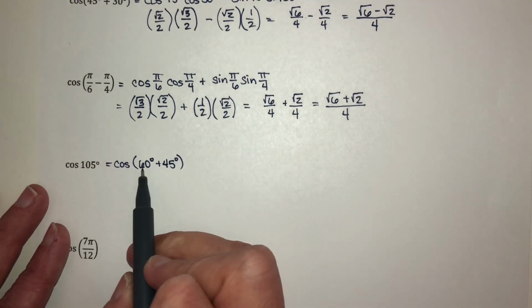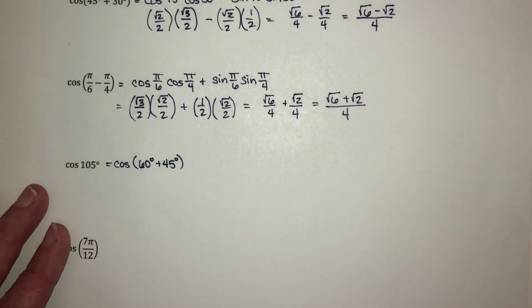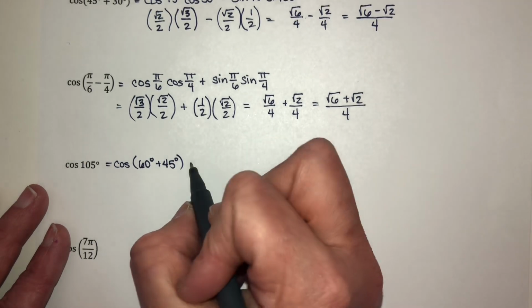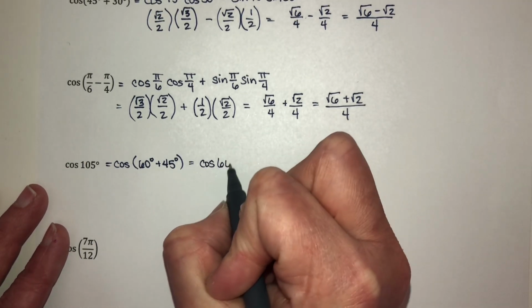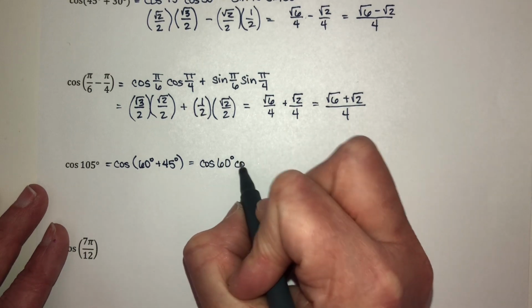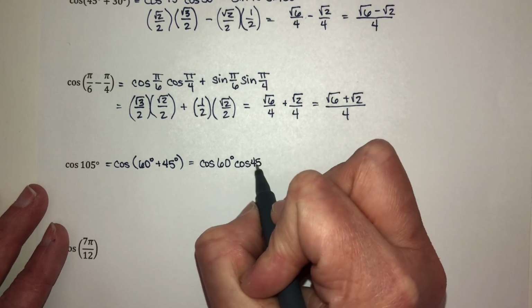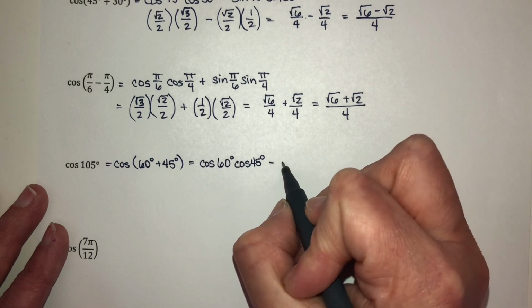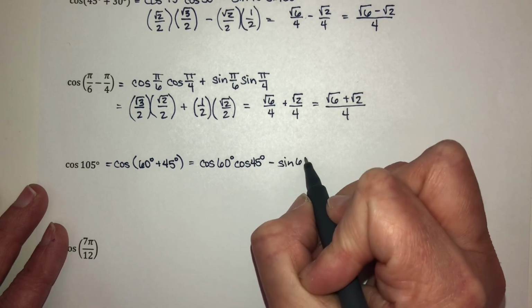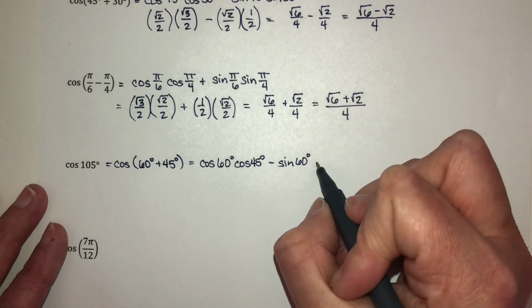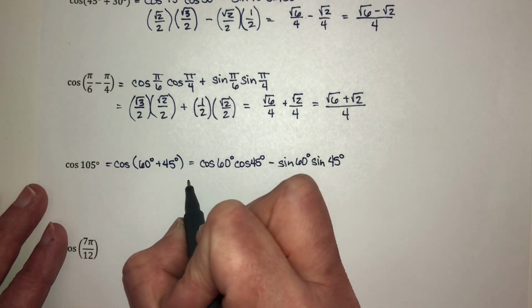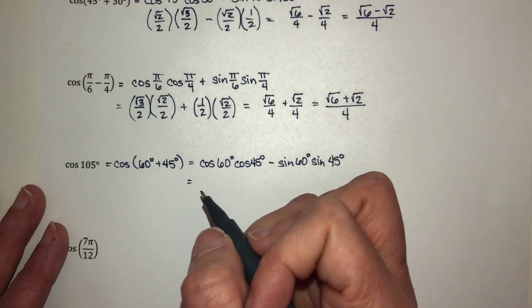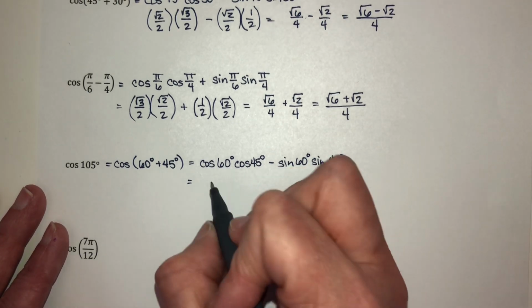And it really does not matter which of these two angles you put first. Addition is commutative. So we would have cosine of 60 degrees, cosine of 45 degrees, minus sine of 60 degrees, sine of 45 degrees. And cosine of 60 is 1/2.